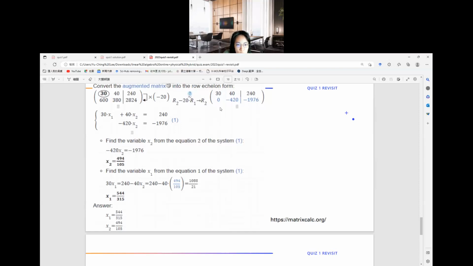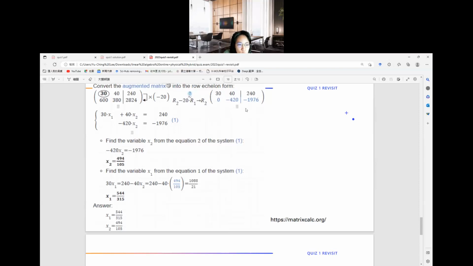And this is already an echelon form because the left-hand side is a 2 by 2 matrix, regardless of the right-hand side, and the bottom left element is 0. So it becomes an echelon form. We are ready to write down the equations corresponding to this echelon form.